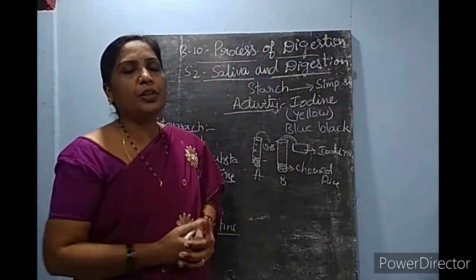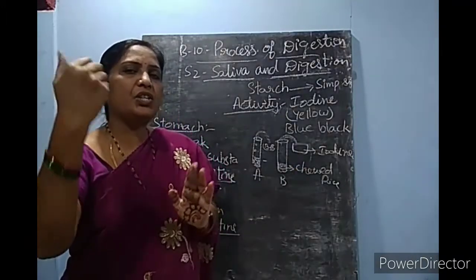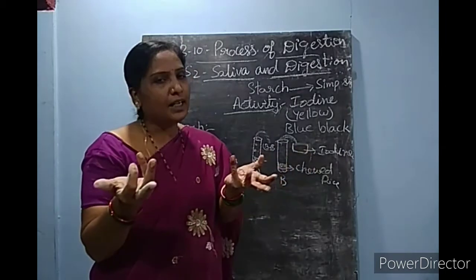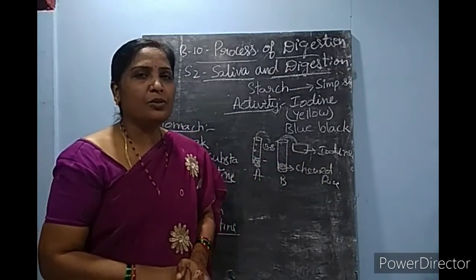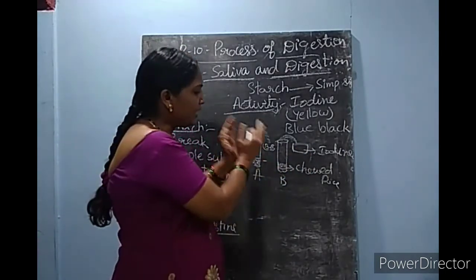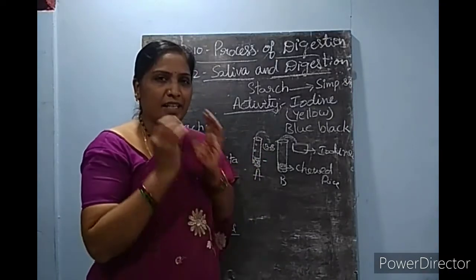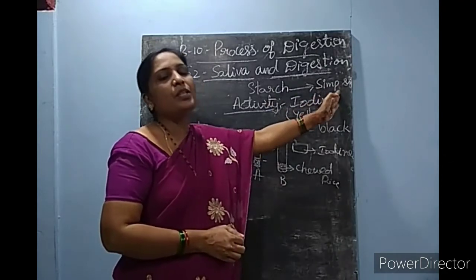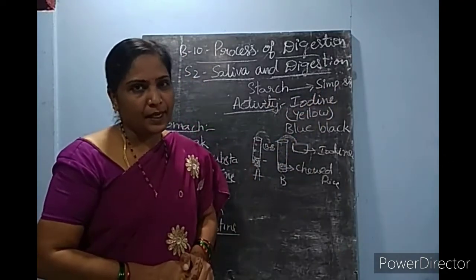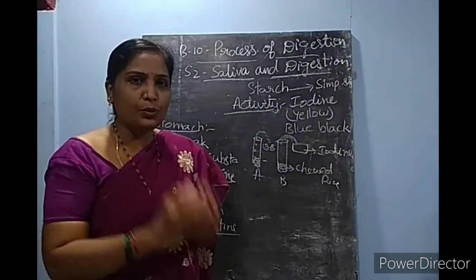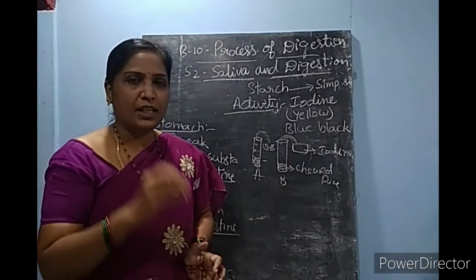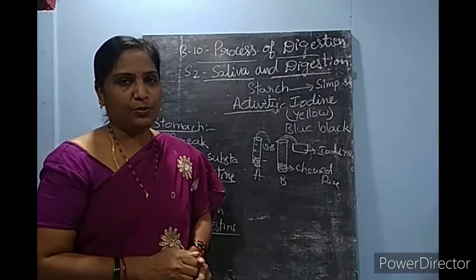Whereas in the chewed food, the starch has already changed into sugar, so the color change will not appear at all. Understood? So this proves that saliva is helping to change starch into simple sugars. Do this experiment and write your observations in your Volume 2.